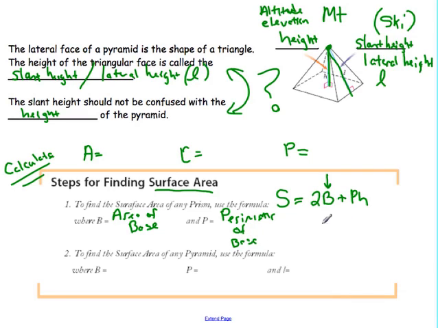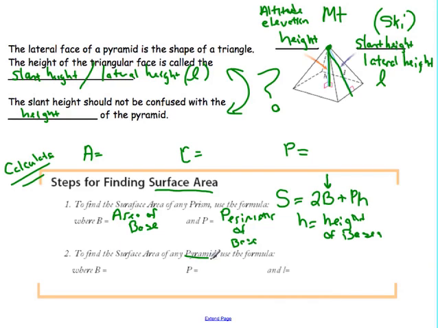I think it's also important to talk about what this h is. The h is the height of the base. So everything is related to the bases. This is the area of the base, this is the perimeter of the base, and this is the height of the base. Each one of those is important.